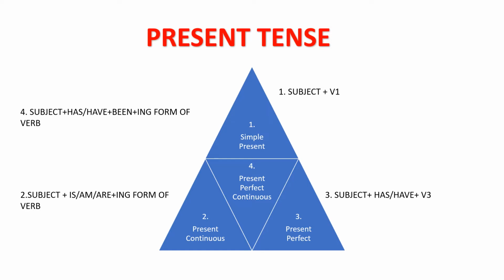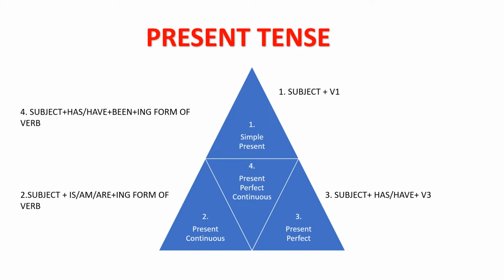Just like in mathematics, in order to solve a sum, sometimes we have to use and memorize a formula. So I have written all these. For simple present tense, the formula is subject plus first form of the verb. For present continuous, the formula is subject plus is or am or are plus ing form of the verb.